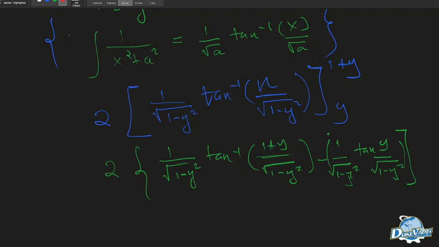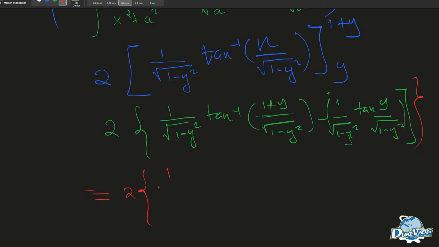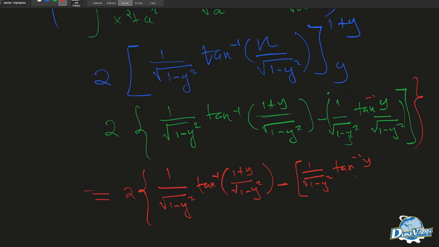So this will be 2 out, 1 over square root of 1 minus y squared, tan inverse of 1 plus y over square root of 1 minus y squared, in brackets, minus this, which is 1 over square root of 1 minus y squared, tan inverse of y over square root of 1 minus y squared, all together.